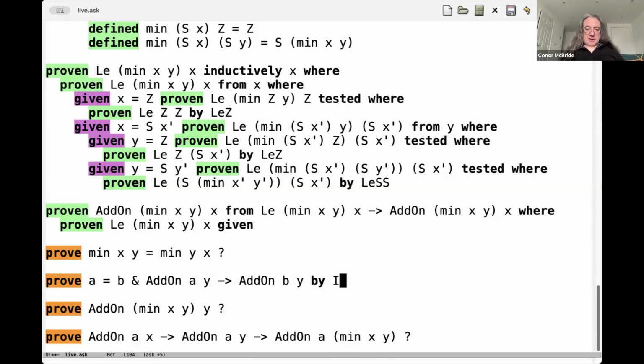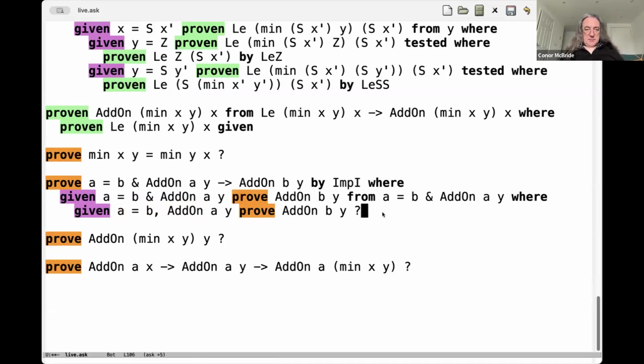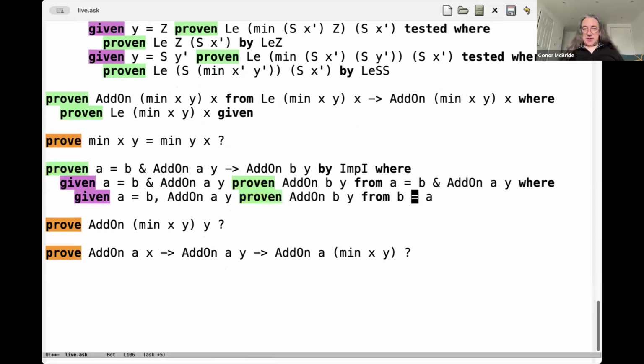So let's just get ourselves in the right position. This replaces equal for equal. So now if I replace B in the goal by A, it reduces to the thing we had earlier.